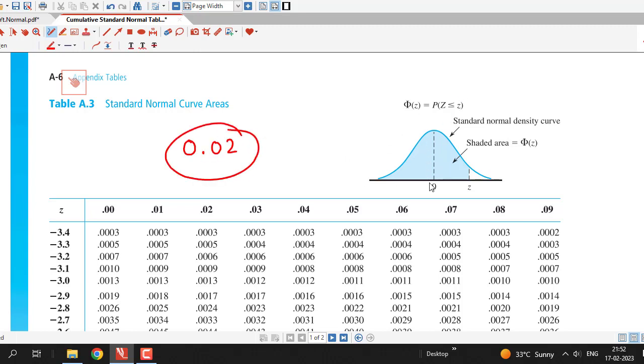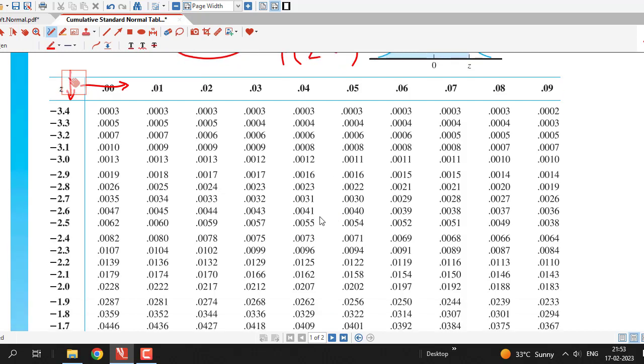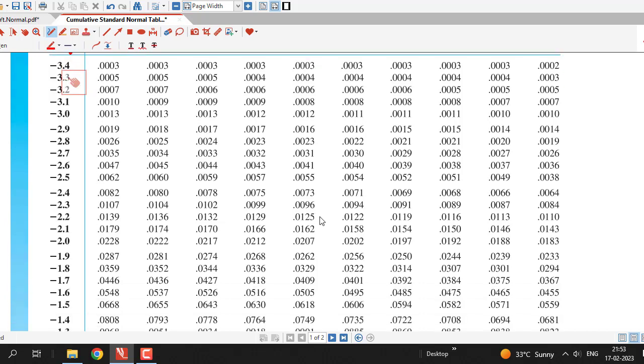All these table values are for this type of cumulative probability that capital Z is less than small z, or all these values are areas to the left of this point Z, which are given here in this column and in this row. These are the values of Z corresponding to all these areas, and I have to search for the 0.02 value in this table.